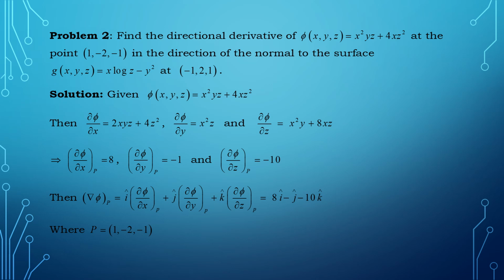By using these values, we find the gradient of phi at the given point P. Del phi at P equals i cap dou phi by dou x at P plus j cap dou phi by dou y at P plus k cap dou phi by dou z at P. If we plug in the values of the partial derivatives at P, we get del phi at P equals 8i cap minus j cap minus 10k cap.